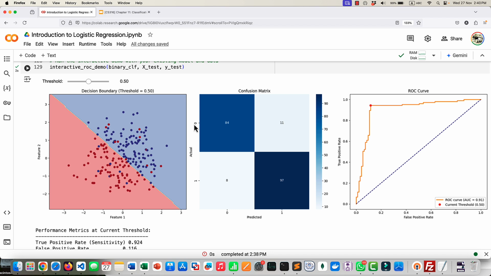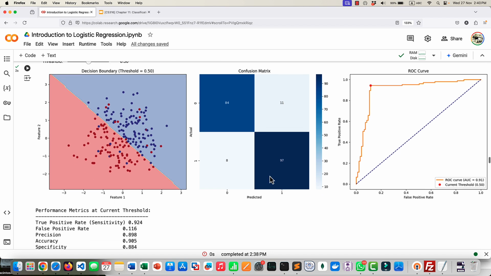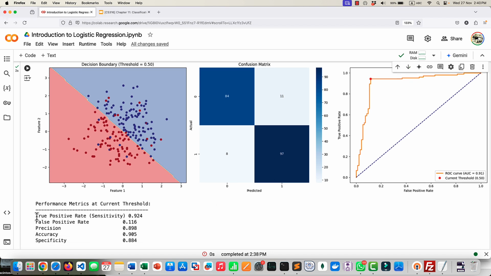Okay. So let's look now. This plot is for a threshold equal to 0.5. And now let's look at this one. Try to calculate this value. Look, true positive rate. This value is 0.92. You see?